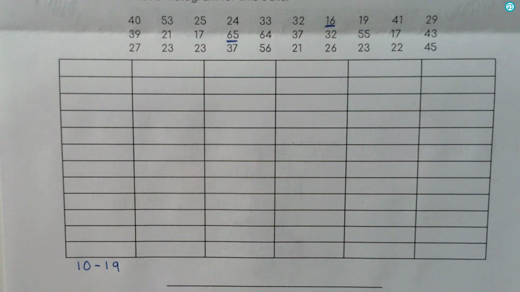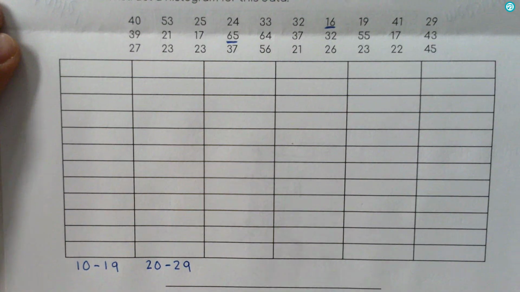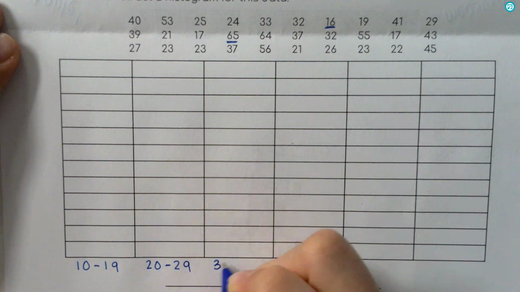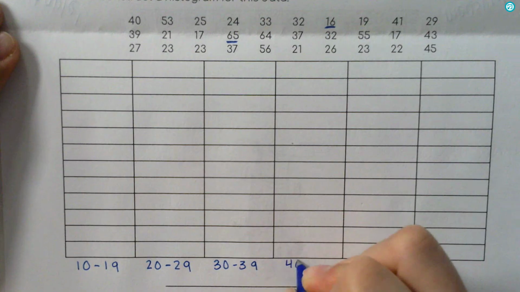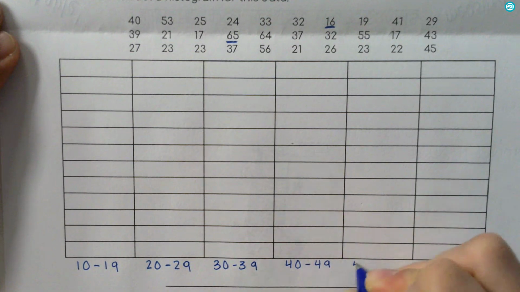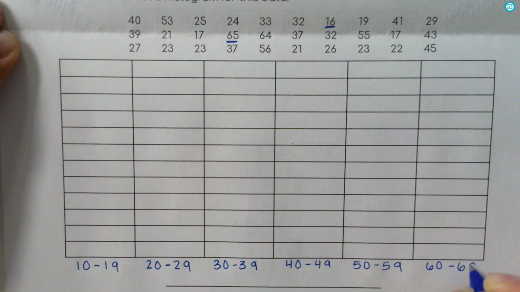Then the next one, we're going to label 20 to 29. And then 30 to 39. You see what I'm doing? Okay, just so we don't have any overlap. 40 to 49, 50 to 59, 60 to 69.